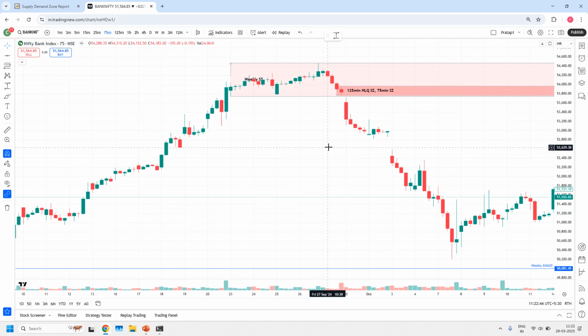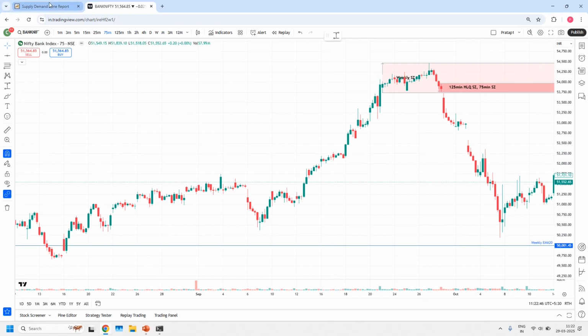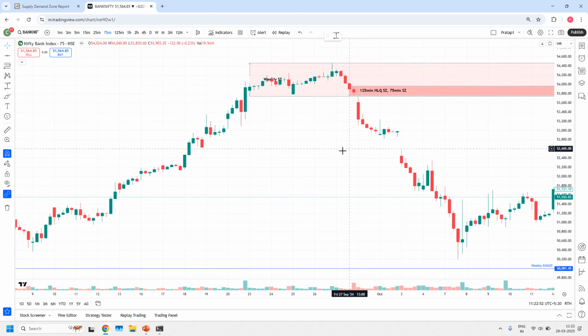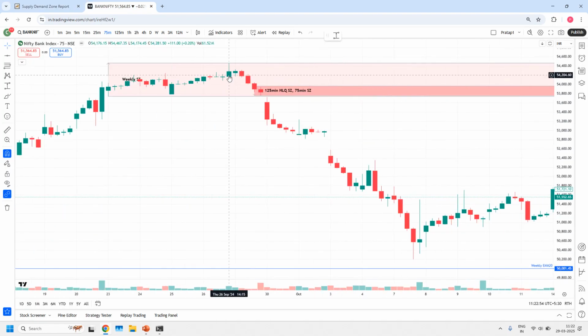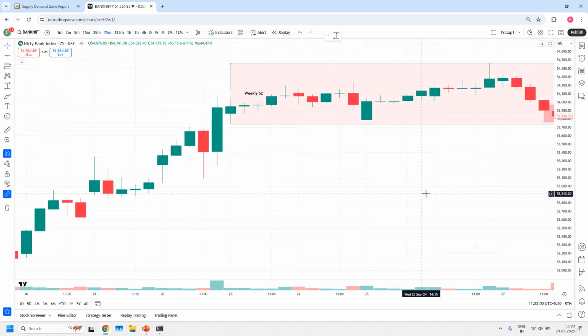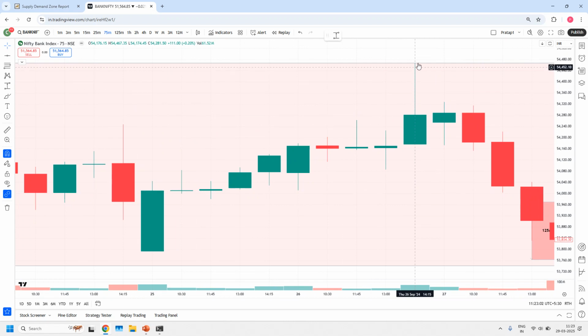And one more is there, the last one, 26/9, 14:15. So we have a drop, two base candles and a drop. This is failed ERC as a drop.